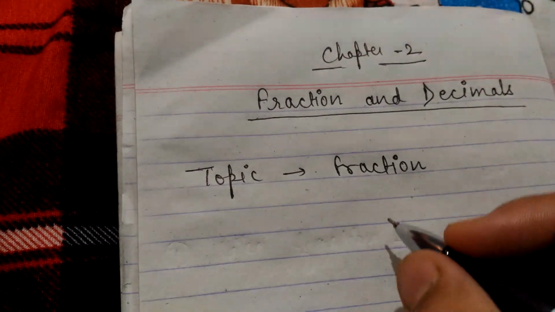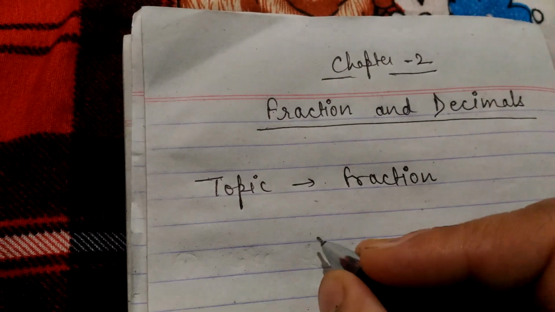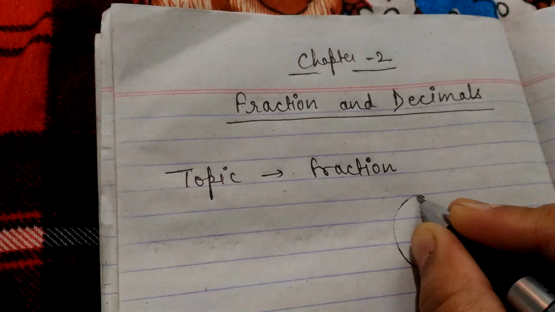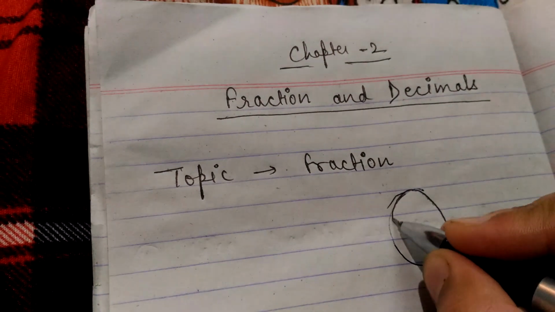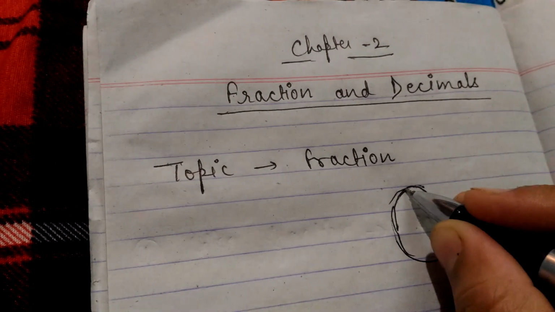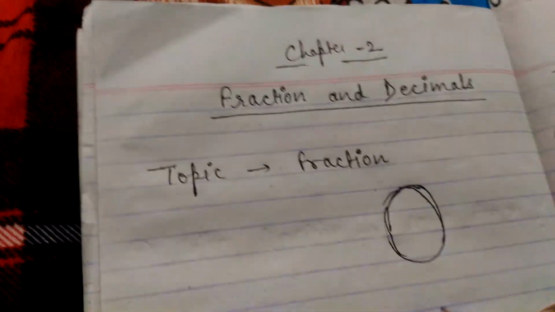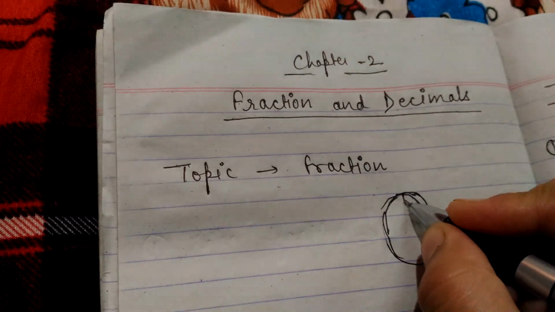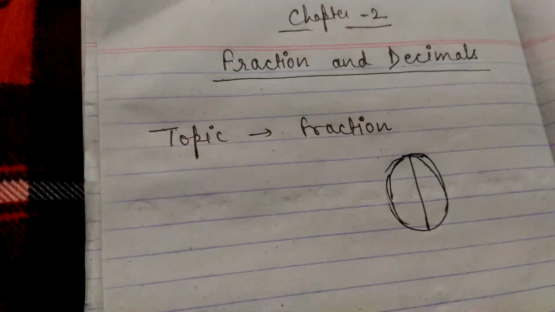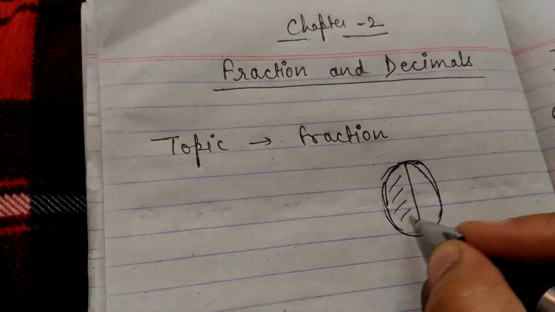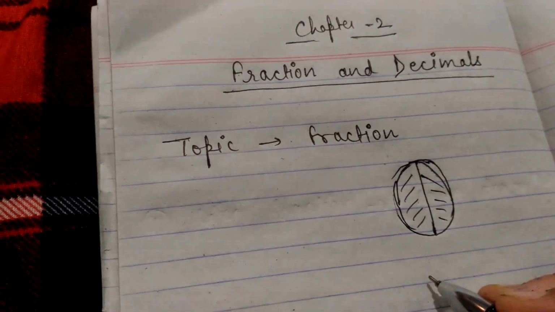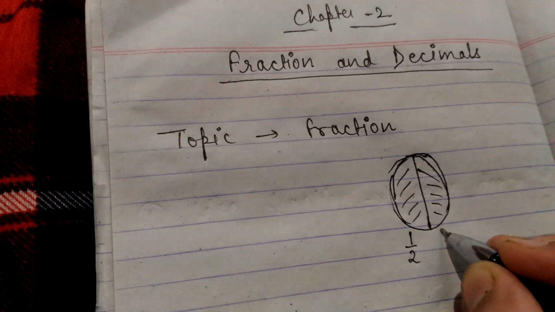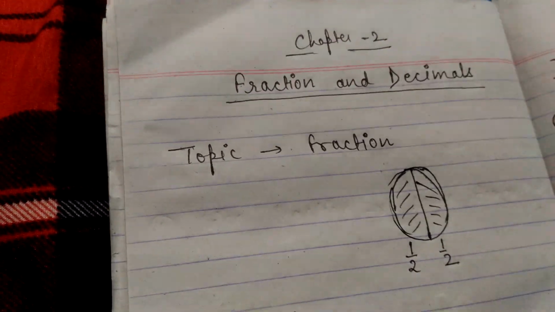For example, if I am taking a circle and I am dividing the circle into two parts, one part is this and one part is this. So I will write 1 upon 2, 1 upon 2.